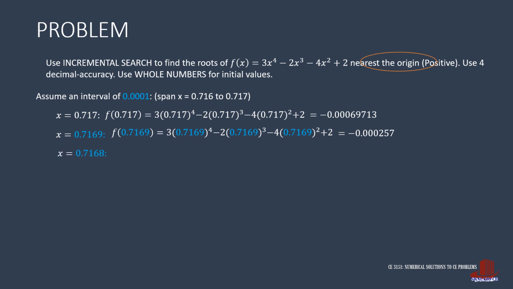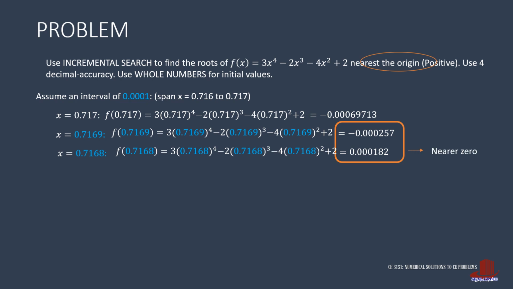The next is 0.7168 plugged into the function, making 3 of 0.7168 raised to 4, minus twice of 0.7168 cubed, minus 4 of 0.7168 squared plus 2, resulting to 0.000182. Now we see the sign jump, but we still lack another decimal for the accuracy. Between the two values, we use x of 0.7168 for the next limit as it is nearer 0.